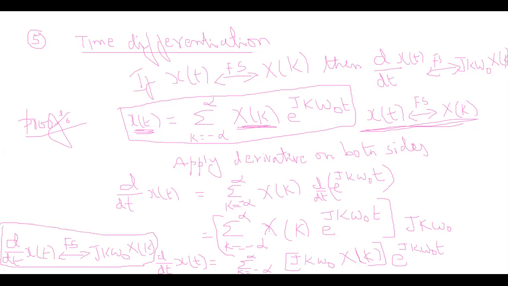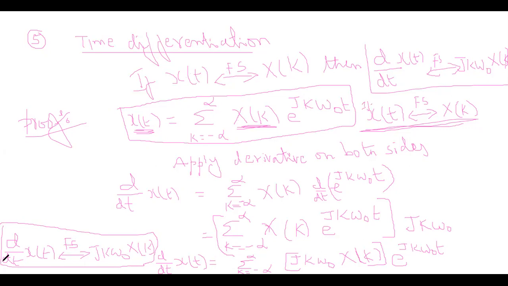The d by dt of x of t, the Fourier series, is j k omega naught x of k. That only you have to prove. Following, my dear students, x of t equals the sum of k equal to minus infinity to infinity of x of k e power j k omega naught t, which is the synthesis equation, where the Fourier series of x of t is x of k.